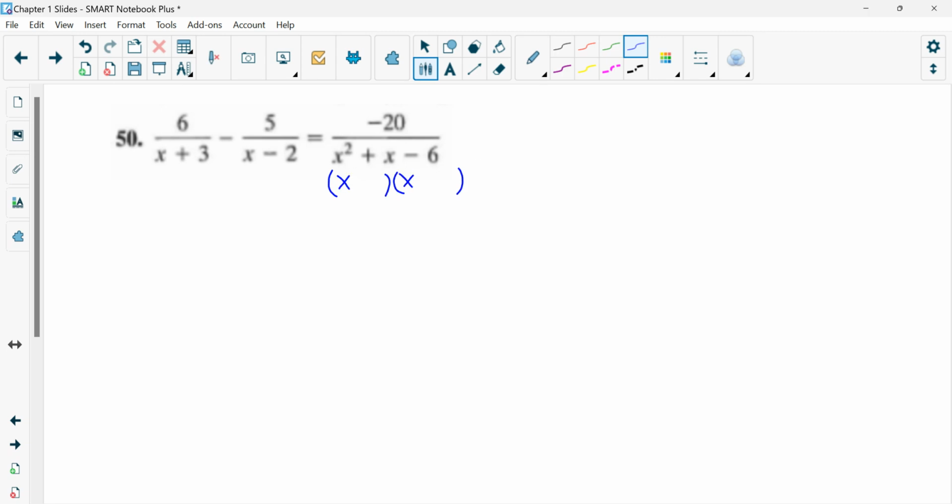So what multiplies to negative 6? The 1 would be positive 3 and negative 2. All right, so what would our common denominator be then? x plus 3, x minus 2.